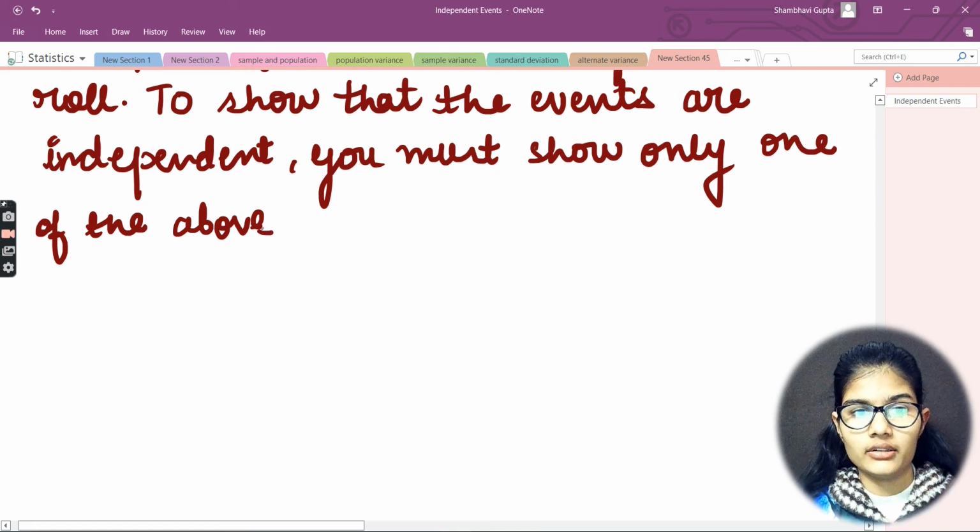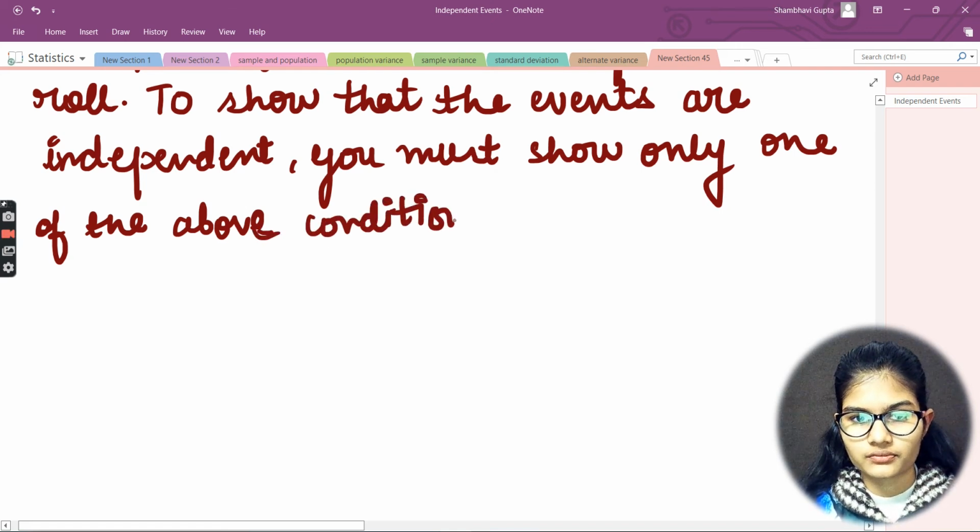Let me just quickly get down here; above here go the conditions. So to show that the events are independent, you must show only one of the above conditions.